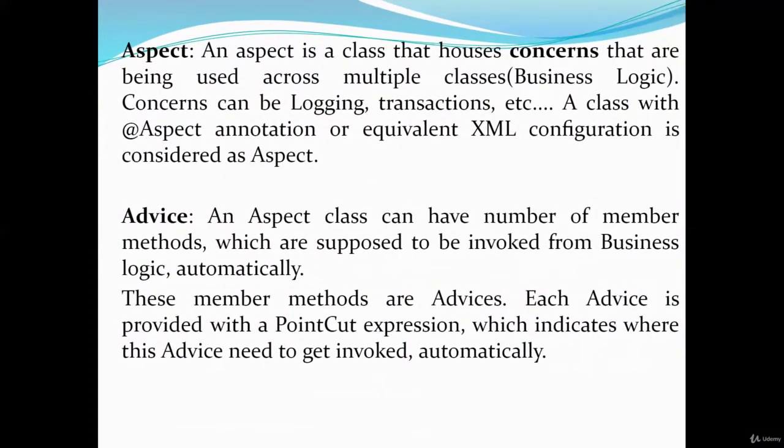So what is an aspect? An aspect is a class that has the concerns, for example logging or transaction, or it need not necessarily be logging or transaction. It can be something related to the business logic also.